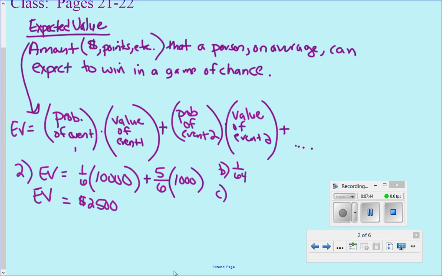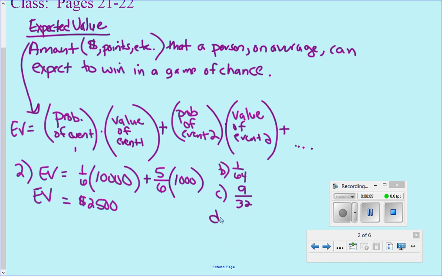So winning anything at all would be if it matches for the tens, 10, 10, or the fives, 5, 5, or the ones, 1, 1, or the hundreds, 100, 100. So you're going to get those probabilities and add them together. When I add 1/16 plus 1/16 plus 9/64 plus 1/64 and get a common denominator, and you're going to show all that work, the answer is 9/32 for part C.